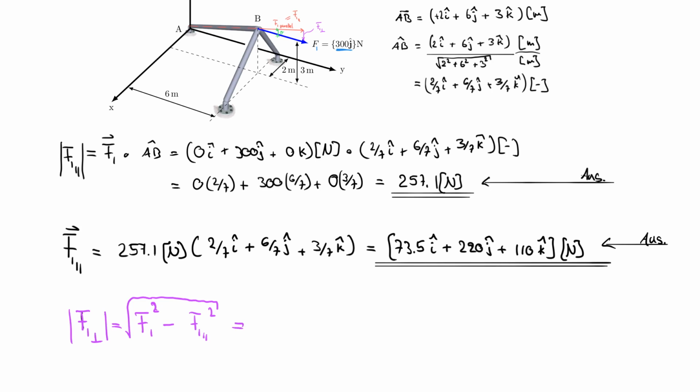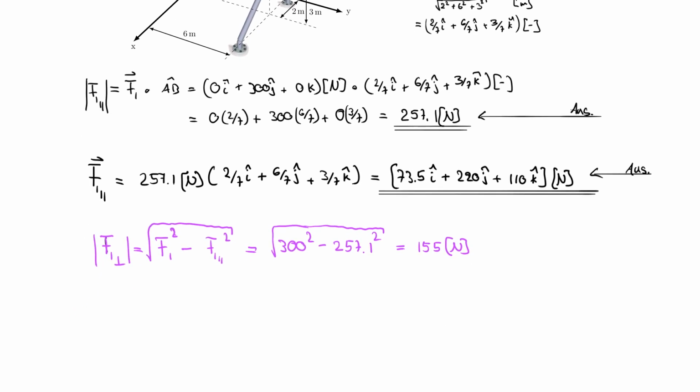So if you use numbers for that, what would you end up with? You would have 300 squared minus 257.1 squared and then square rooted, which, if you calculate that out, ends up to be 155 Newton. Or you can actually find the vector in this case, F1 perpendicular, by subtracting the components as well.